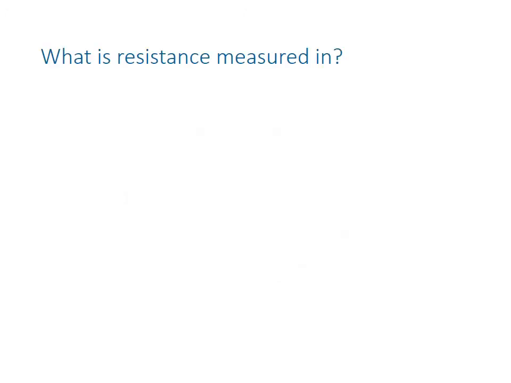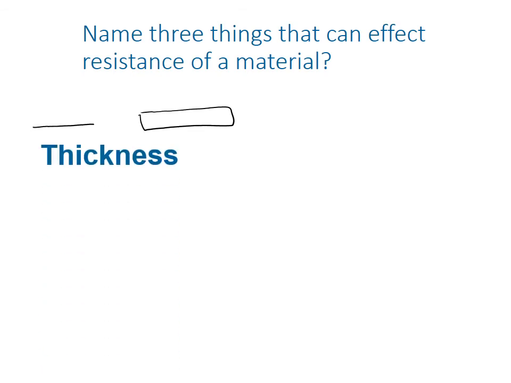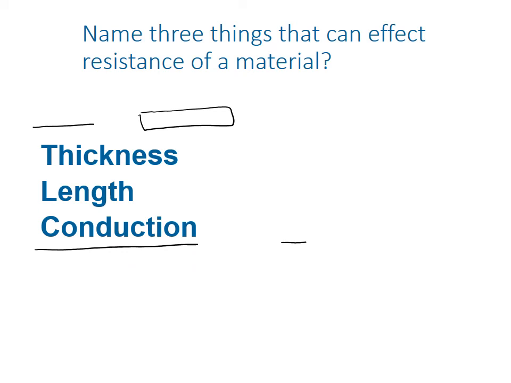What is resistance measured in? Ohms. Name three things that can affect the resistance of a material. The thickness, the length, and the conductor.